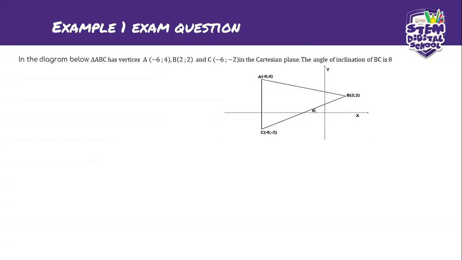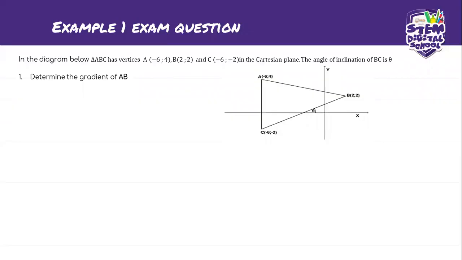Point A is (-2; 4), point B is (2; 2), and point C is (-6; -2) in the Cartesian plane. The angle of inclination of BC is theta, right? Then let us have a possible question that you might get on this problem.